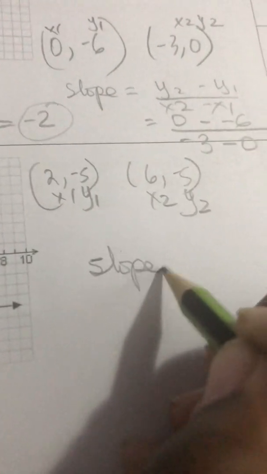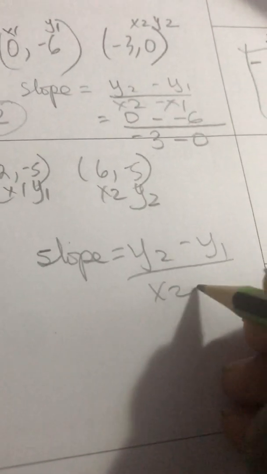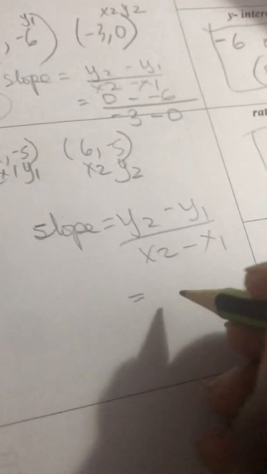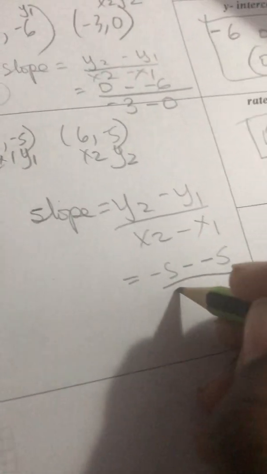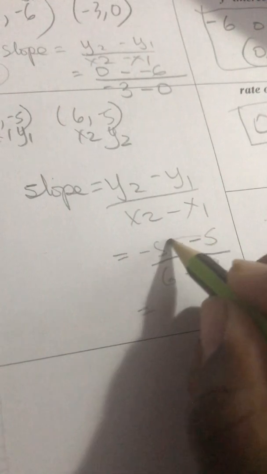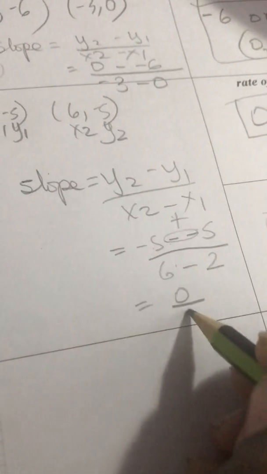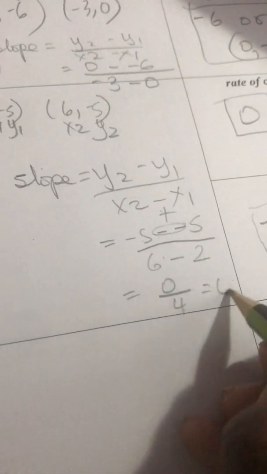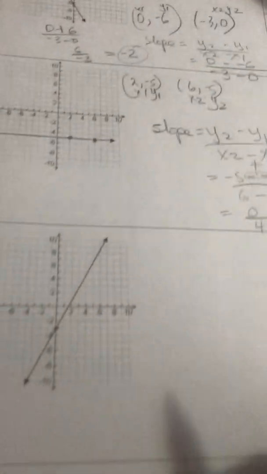Slope equals y2 minus y1 over x2 minus x1. -5 minus -5 over 6 minus 2. This becomes plus. -5 plus 5 is 0 over 4. 0 divided by 4 is 0. So that is why my rate of change is 0. But this is wasting too much time. As long as you see horizontal, you should know your slope is 0.